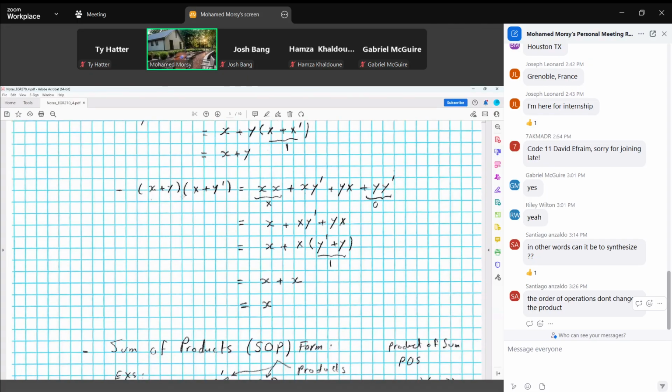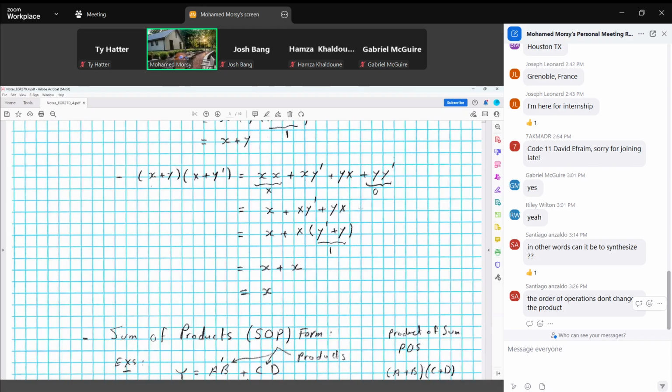Next, X plus Y multiplied by X plus Y inverted. Multiply each variable in the first bracket with every variable inside the second. So X X plus X Y inverted plus Y X plus Y Y inverted. Y Y inverted immediately is 0.